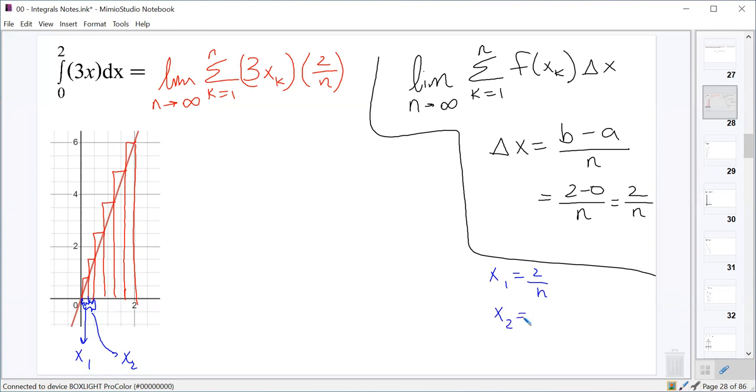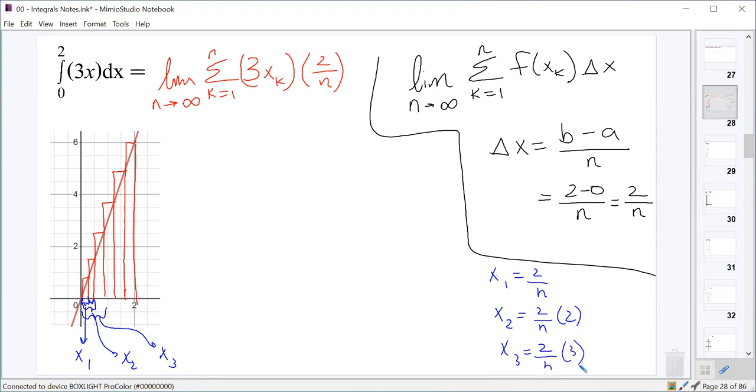So x sub 2 is going to be 2 over n plus another 2 over n, or it's going to be 2 over n times 2. Well, x sub 3 is going to be this distance of 3 subintervals. Well, that's 3 times 2 over n. So x sub 3 is going to be 2 over n times 3.